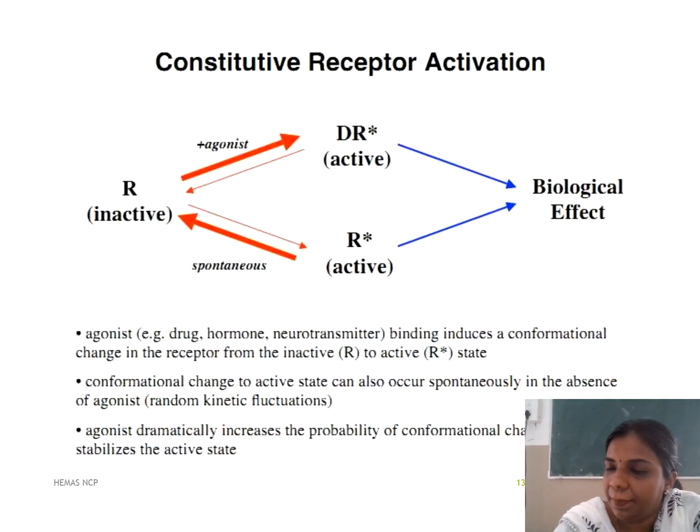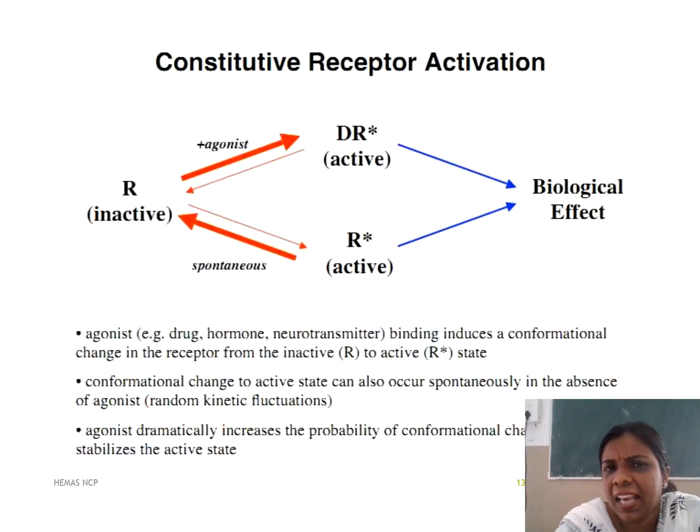So the basic concept of constitutive receptor activation is that receptors are not always completely off. They exist in equilibrium between inactive and active receptor states. So even without any agonist, a small proportion of the receptors may spontaneously convert R to R star. This kind of spontaneous activation can produce a basal biological effect.